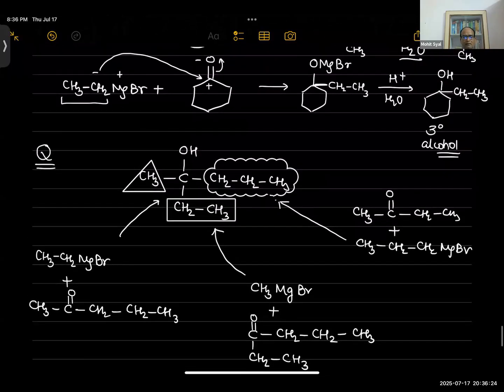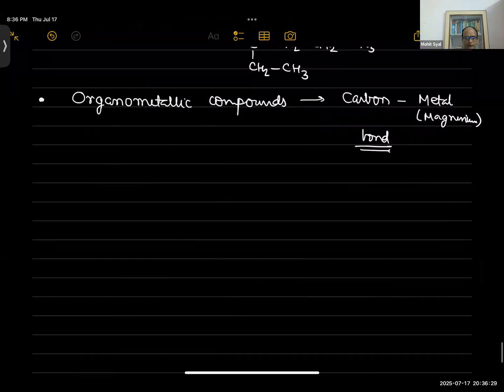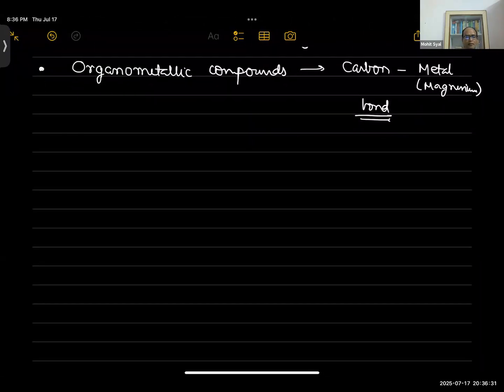Now, this is about the preparation of aliphatic alcohols. We can discuss the preparation of aromatic alcohols. Can you give me an example of an aromatic alcohol?